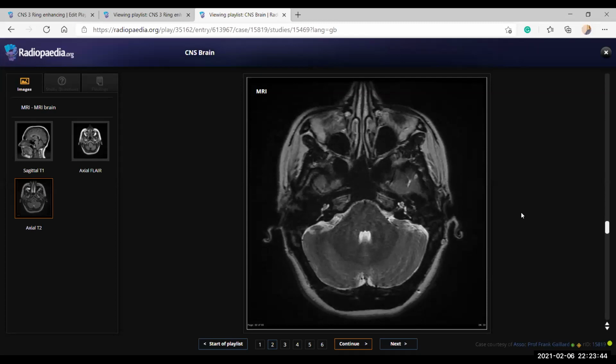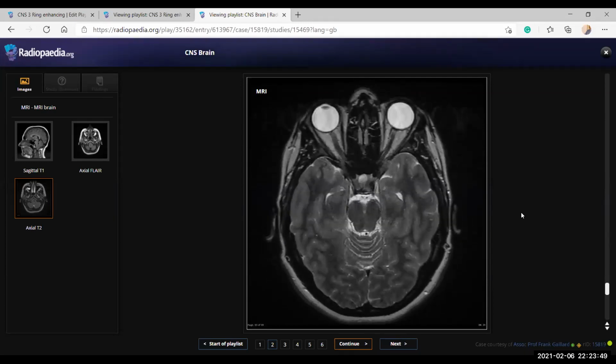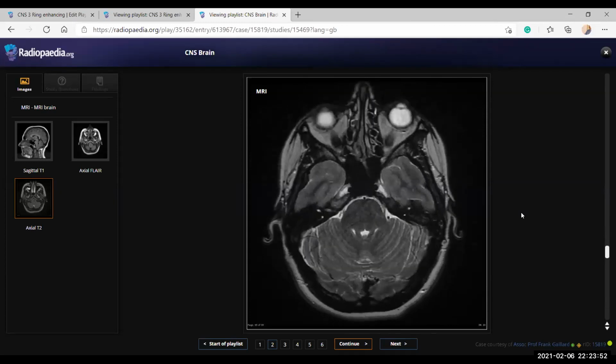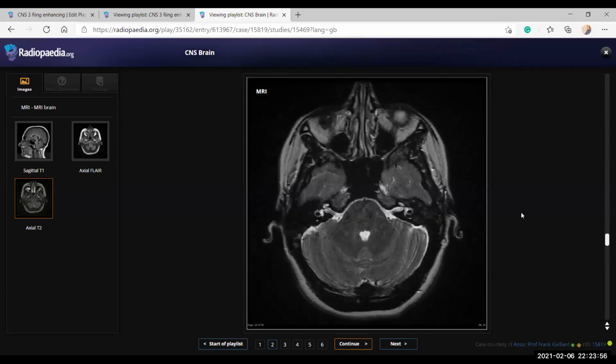So with the constellation of findings of focal syrinx with tonsillar ectopia, I am suspecting Chiari-1 malformation. I will convey my findings to the neurosurgeon for the possibility of decompression craniotomy if this is symptomatic. Before that, I will also recommend a contrast enhanced MRI to exclude an underlying mass.